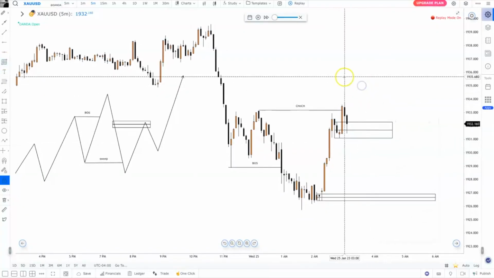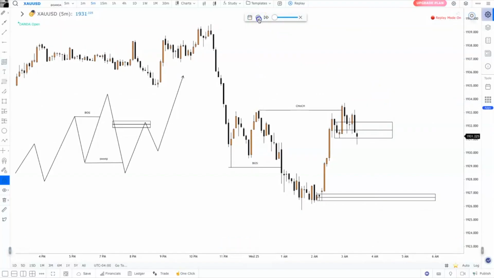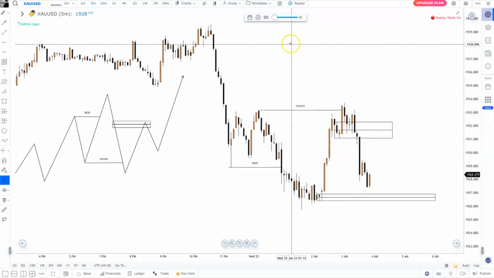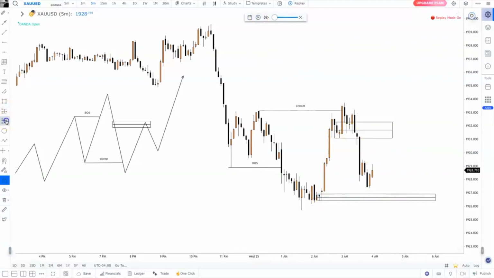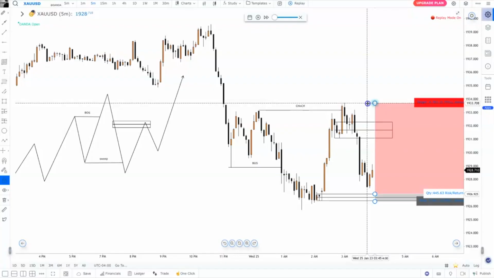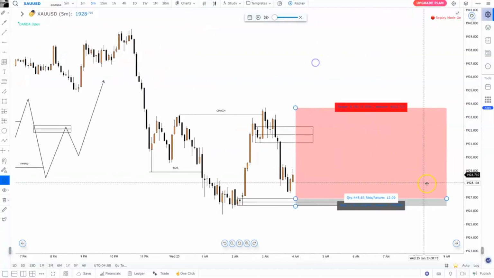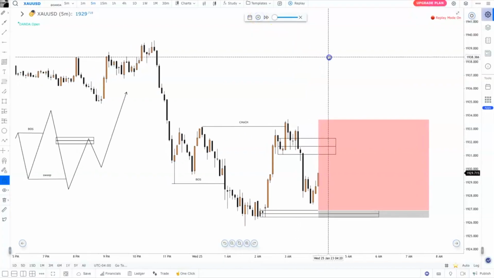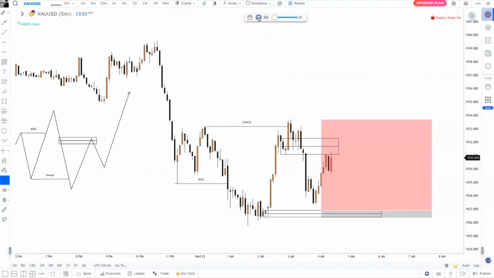I want to check it out to see if it's going to react. No, it did not react to that one, so maybe it's going to reach the bottom one. So you go there and you place your buy position, let's say right there, and your stop here, and your take profit there, because now you're looking definitely for buys. So let's see what's going to happen.